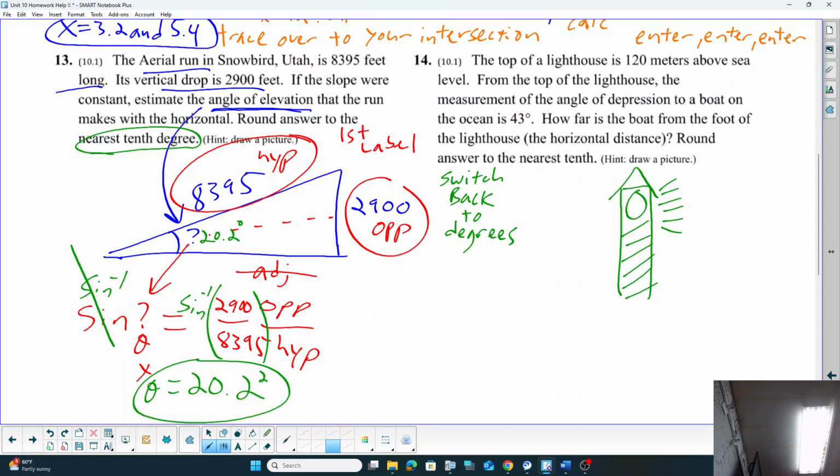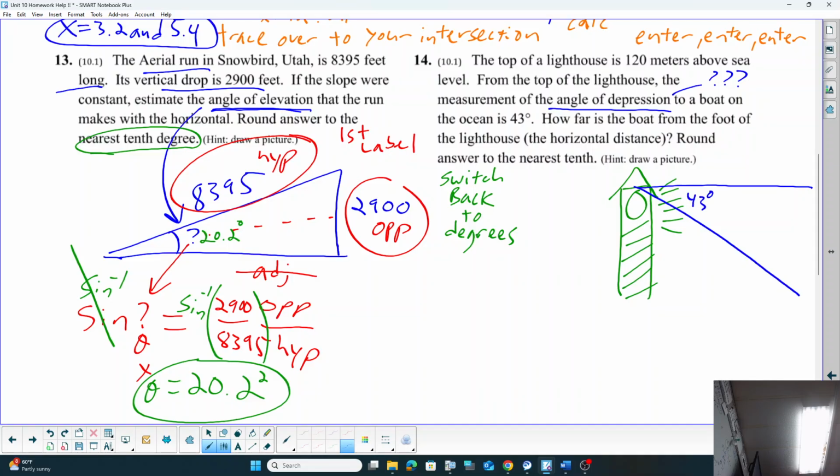The measure of the angle of depression to a boat on the ocean is 43 degrees. This is the tricky part now. Do you remember angle of depression? So it has to do with the horizontal and then down. So that's your 43 degrees.